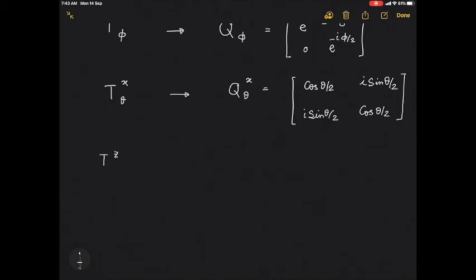And the psi rotation is simple, because it is also about z, it will be the same as Q phi z, but now with e to the i psi by 2 instead of e to the i phi by 2.